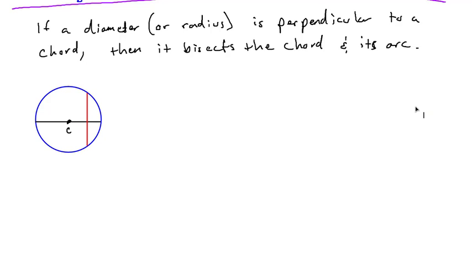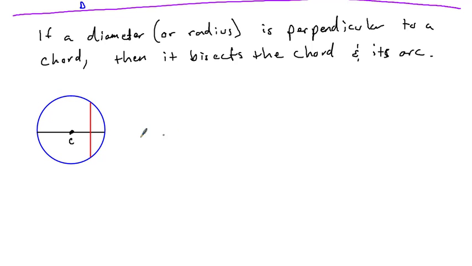So there's our diameter, perpendicular to a chord, and we'll go ahead and mark that it's perpendicular. So if the diameter is perpendicular to a chord, then it bisects the chord. Whenever you see this happen, we'll label all these little points, A, D, B, and this one will be E.